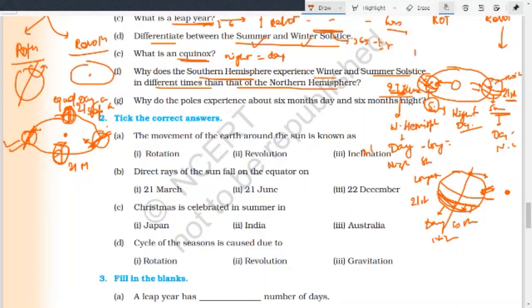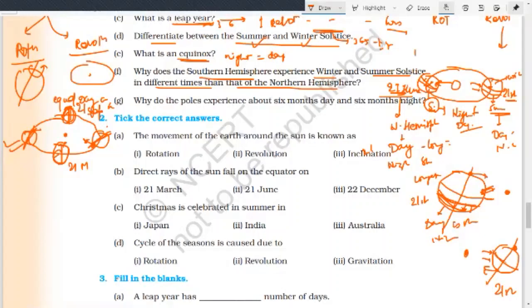This situation reverses itself on 21st December, when the earth is tilted like this. This is the situation on 21st December. The northern hemisphere is farther away, and the south pole is towards the equator. So the Tropic of Capricorn receives direct sunlight.